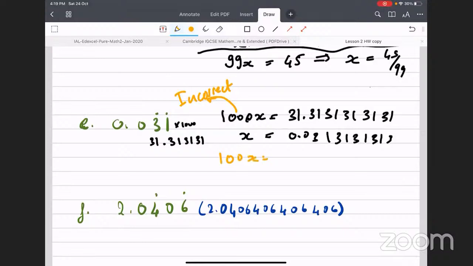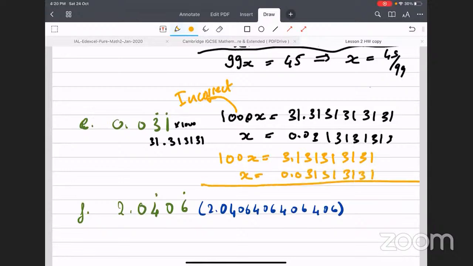So 100x would be 3.131313. Okay, and x would be 0.0313131. So these will cancel out. So yes, this is correct.